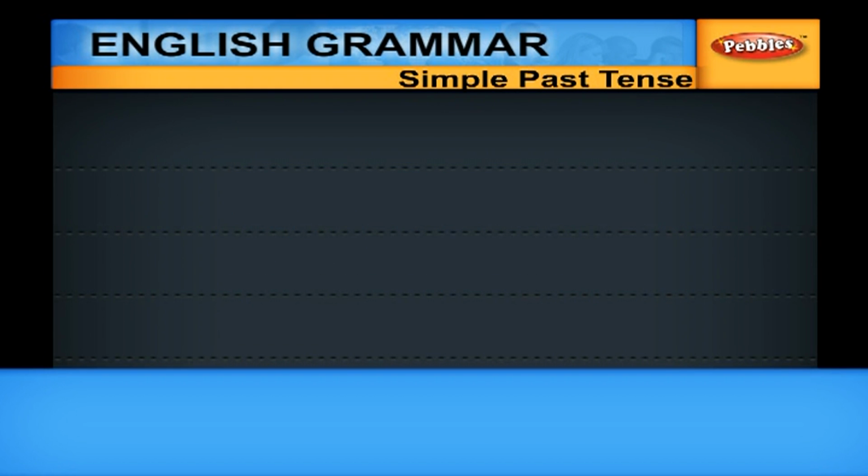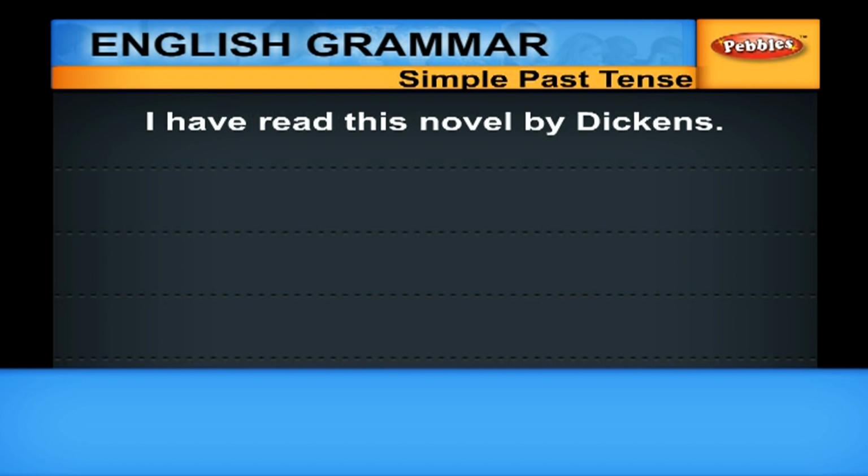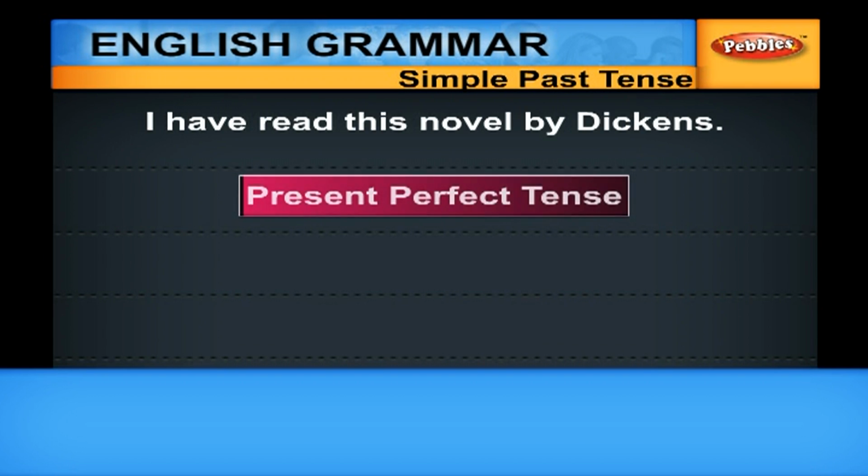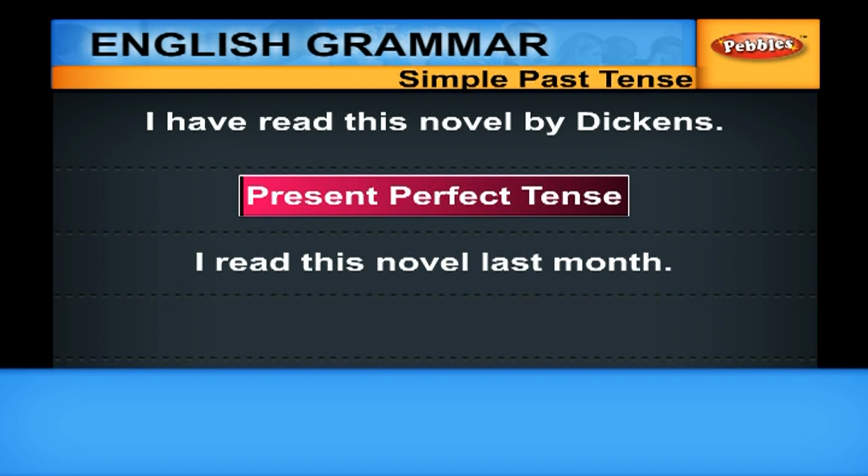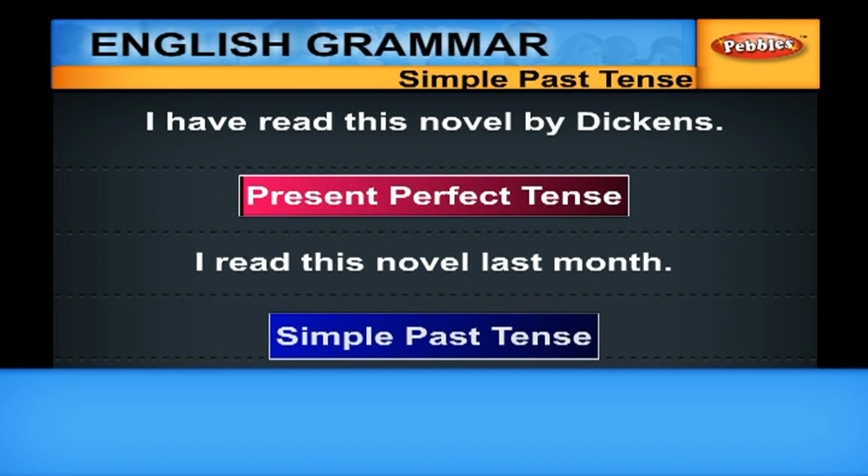We can say, I have read this novel by Dickens. It's in present perfect tense. Don't you think so? You can also say, I read this novel last month. This sentence is in simple past tense. It is as simple as that. So, when you're not giving the time, it can be in the present perfect. Once the time is specified, it has to be in the past.